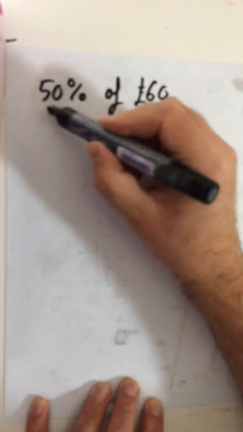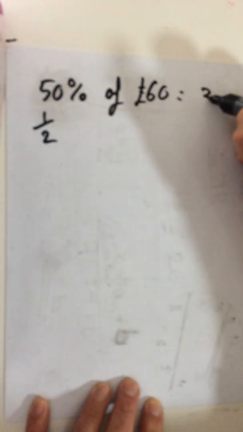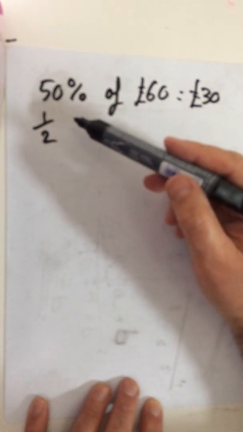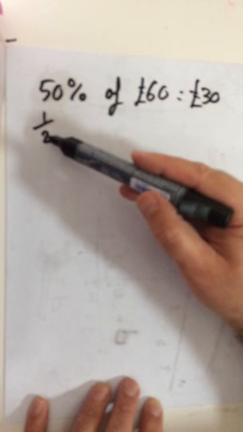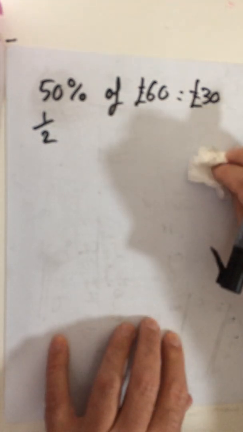Now I know 50% is the same as a half. Half of 60, £30. Nice and straightforward. So when you're using percentages, very often it's easier to just turn it into a fraction, but not always, and we'll come to those in a second.